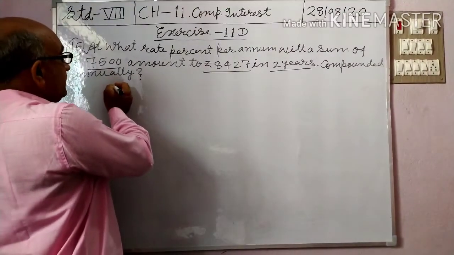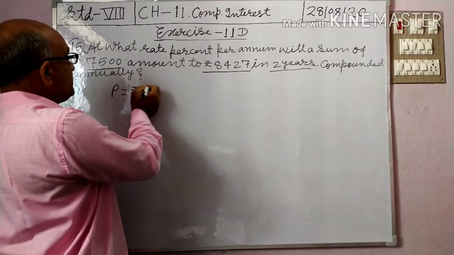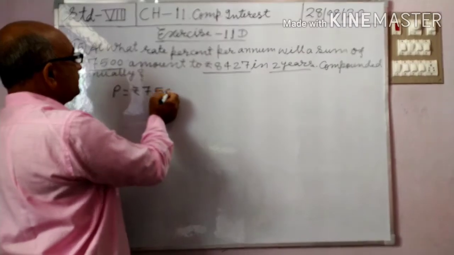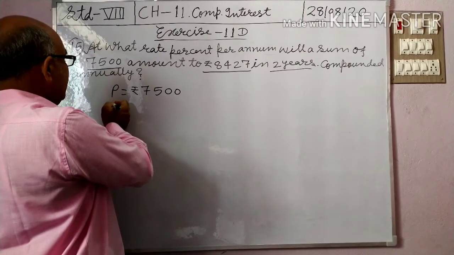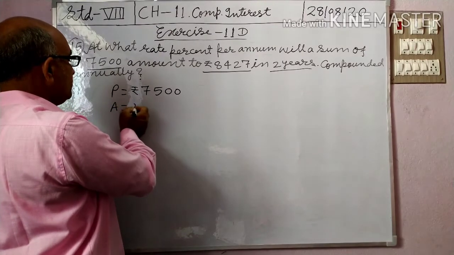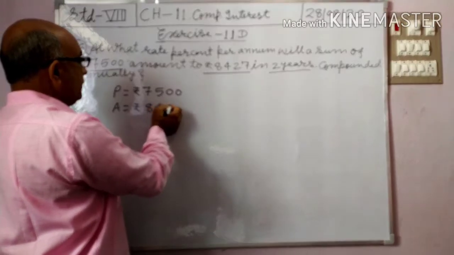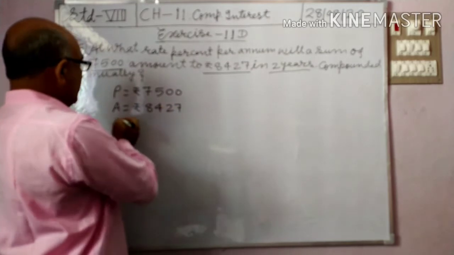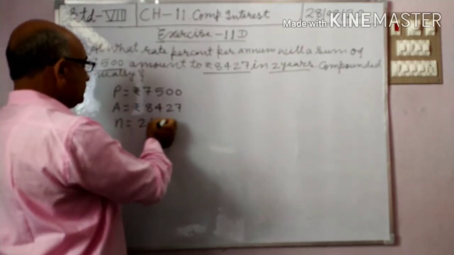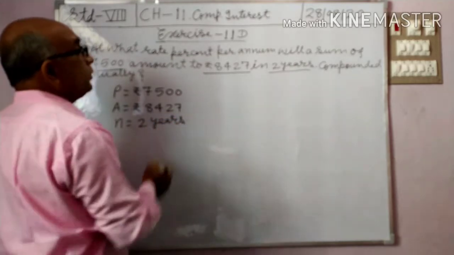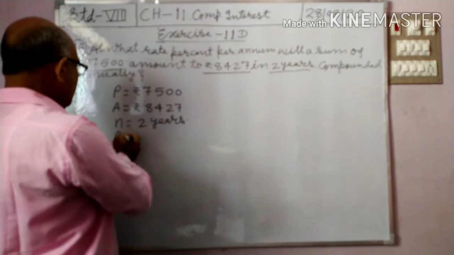Here given P equal to rupees 7,500 and A equal to rupees 8,427. N equal to 2 years compounded annually. R equal to what?